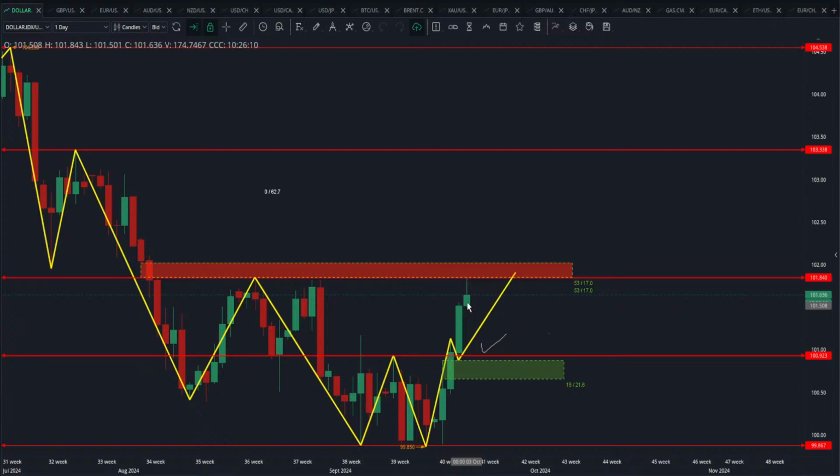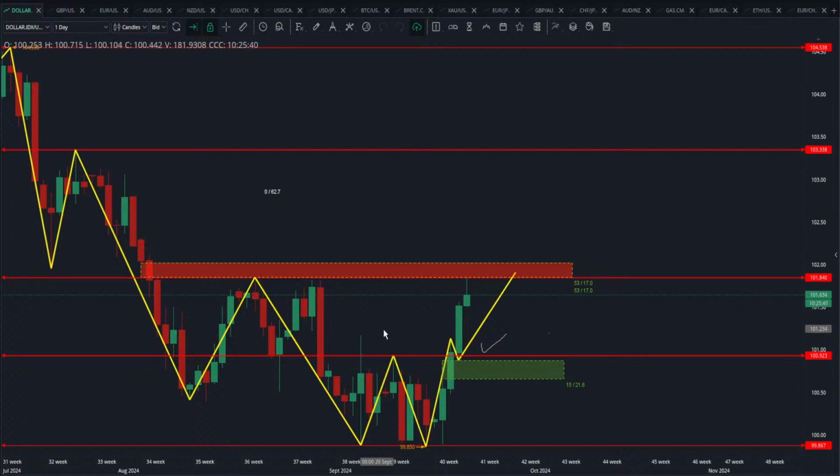You can see the high of today, 101.843, and 101.84 was what we were expecting. Now this is in line with the high that was made on 12th of September, and earlier on 3rd of September, and also earlier on 20th of August.